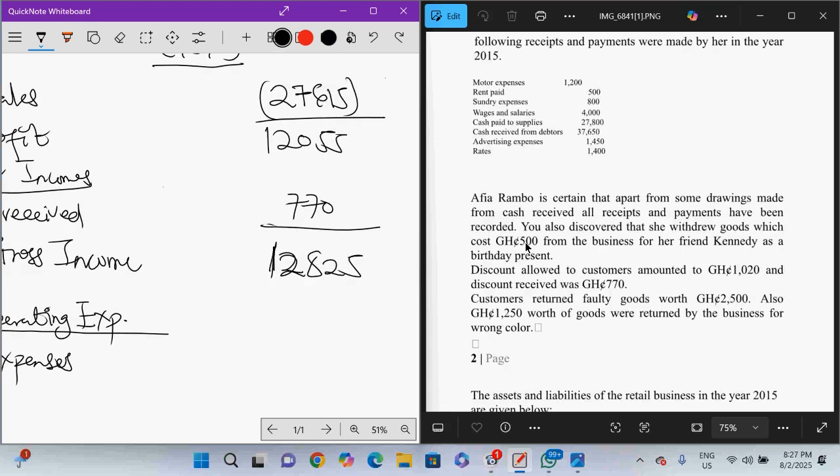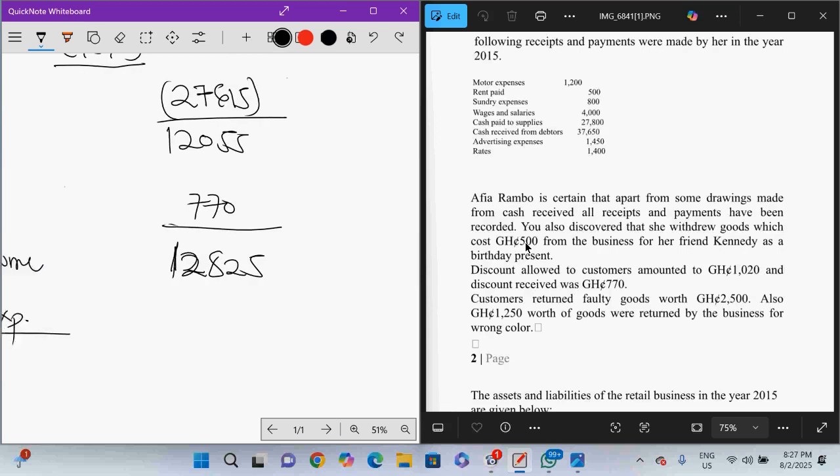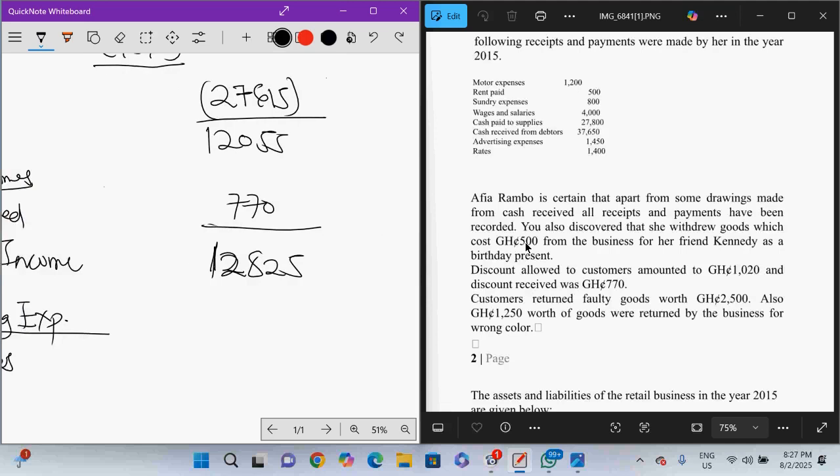Okay. So with the motor, the cost and this, there's a difference between it, isn't it?